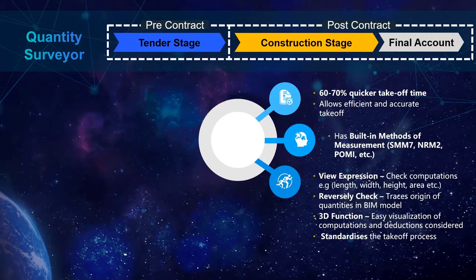So you'll be able to see in a visualized format how the reductions are taking place between different elements. And then there is reverse check, which basically traces back to the model, shows you exactly where the quantities came from, and you can directly link the quantities to the model. It shows you, okay, from this particular element, this quantity came out. So really a powerful tool.